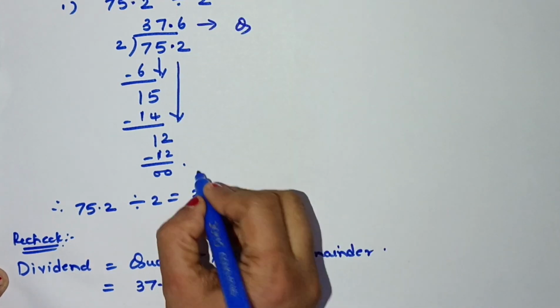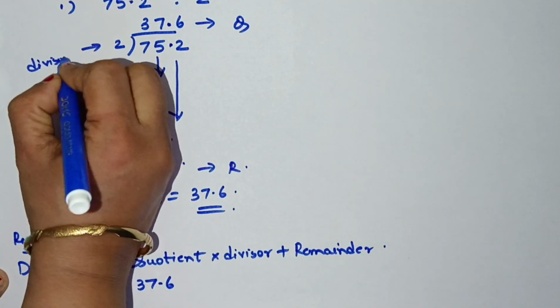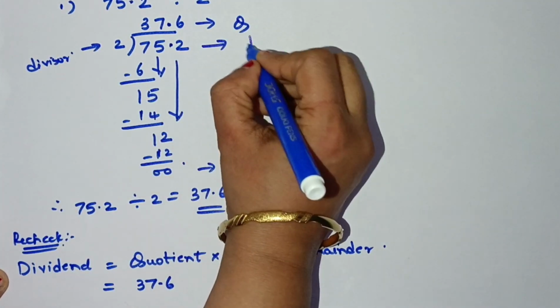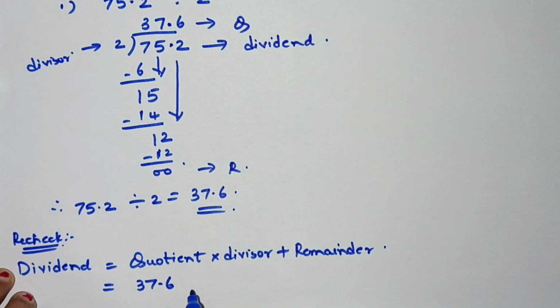This is quotient, this is remainder, this is called as what? Divisor, and 75.2 is called as dividend. Okay, now let's see 37.6 into 2 and remainder what you got? 0. Now what answer you will get in RHS, that is right hand side, same answer you should have in LHS, that is left hand side.